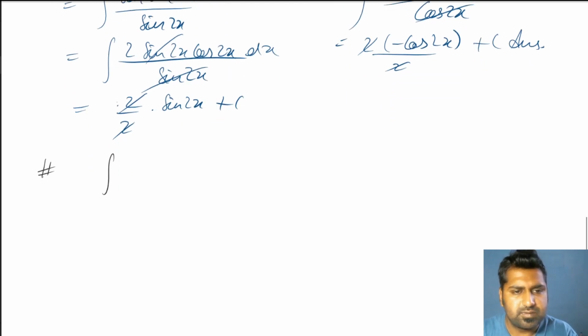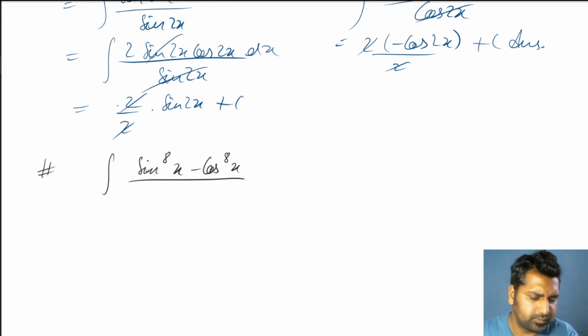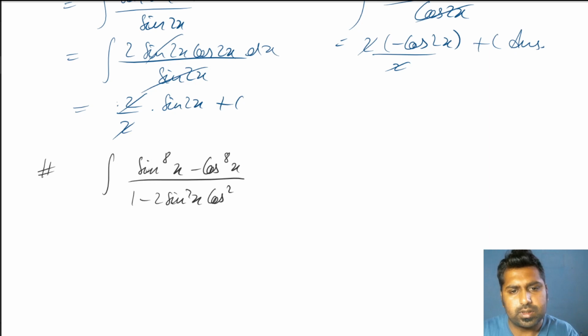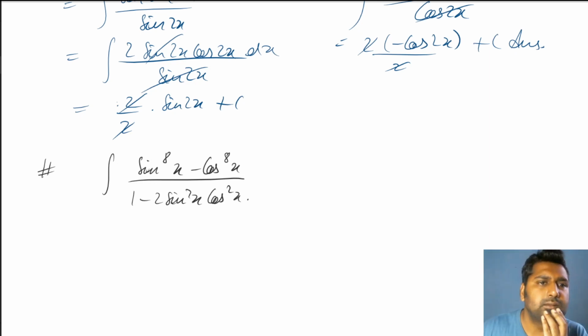Look at this question. It's looking like a lengthy problem, but after the manipulation of basic trigonometry, it will become simple. Something upon 1 minus 2 sine square x cos square x, dx. High powers, and the denominator also has sine square cos square.